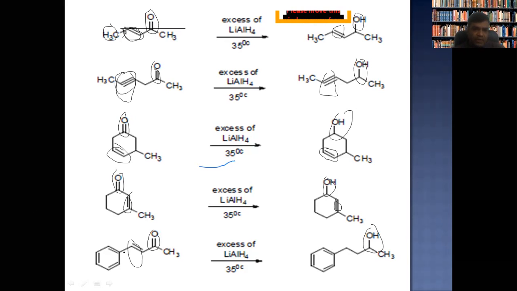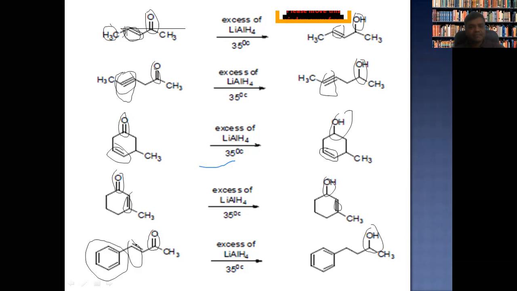But what is the change here? Instead of the alkyl group, there is a phenyl ring. It is an aromatic ring, and we know that it is an electron withdrawing group. The alkyl group is electron donating, that's the plus I effect, and the phenyl ring is electron withdrawing. Hence it withdraws electrons from this center, and therefore the electron richness is decreased.